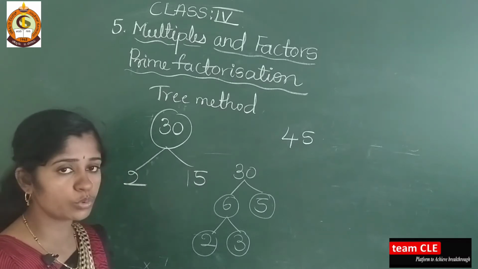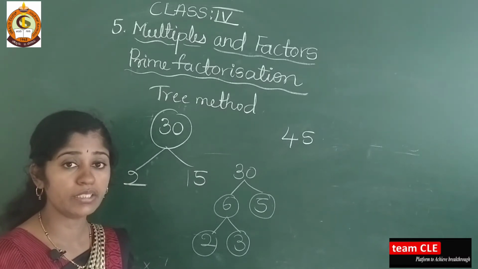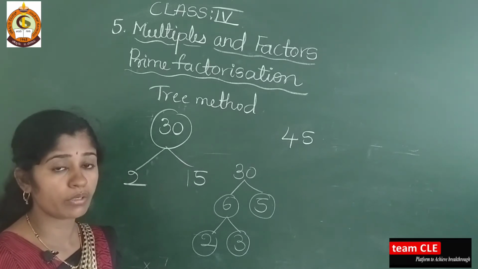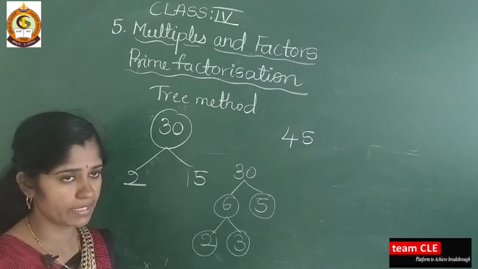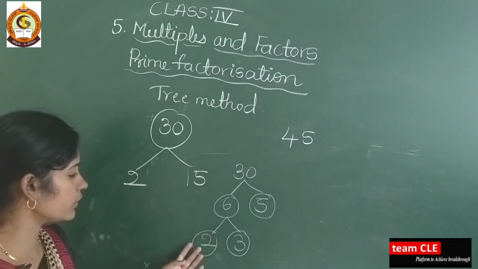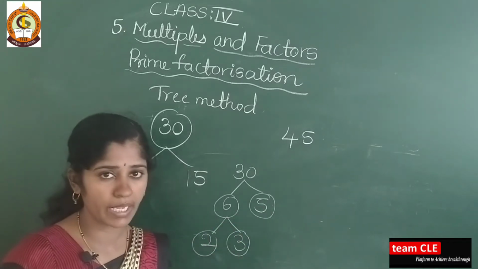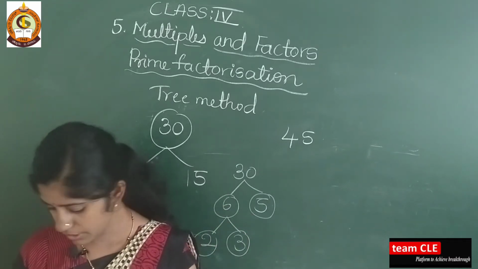So 2, 3, 5, 7, 11, 13, 17, 19 and 23, they all are prime numbers. We want the answer in that form. So finally I got 2, 3, 5 as the answer, and 2, 3, 5 are all prime numbers. If you are solving this type, this is also correct.